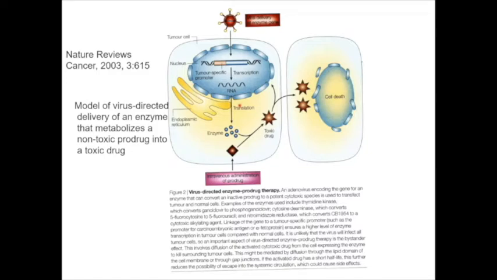The interesting thing about this particular drug, the ganciclovir version, is that it is not just toxic for itself, but it crosses the gap junctions and can be toxic for neighboring cells. This is called a bystander effect.